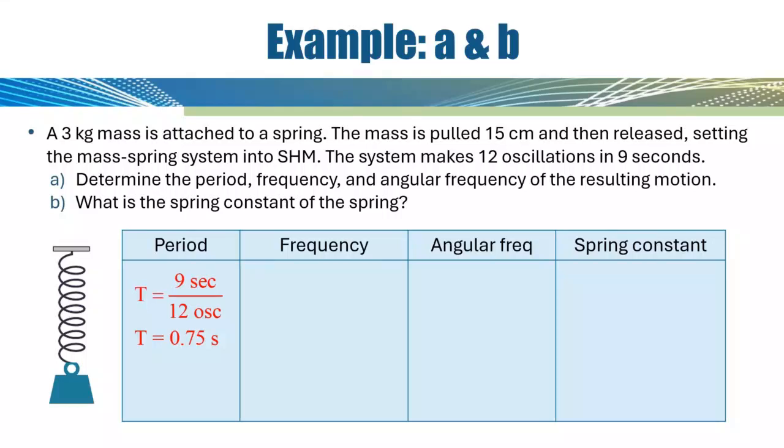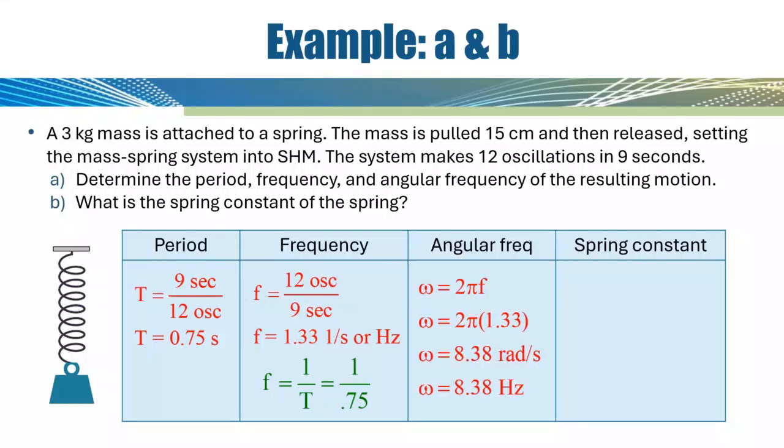When I want to find the frequency, it's the inverse of that. It's how many oscillations occur in a second. So 12 oscillations over 9 seconds gives me a frequency of 1.33 1 over seconds, and a 1 over seconds is called a hertz. I could also have calculated the frequency knowing that it's the inverse of period, so 1 over 0.75 also would give me 1.33 hertz.